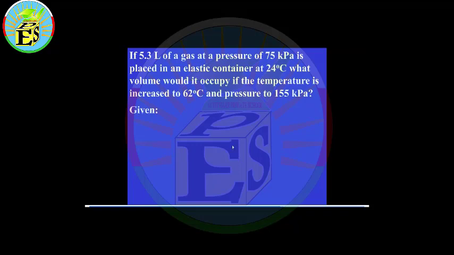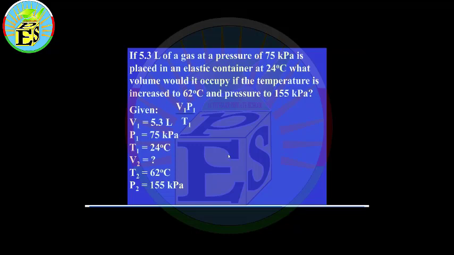Given parameters V1, P1, T1, V2, T2 and P2. We see that T1 equals 24 Celsius and T2 equals 62 Celsius, so I can't cancel them. T1 doesn't equal T2, and also P1 doesn't equal P2, so I can't cancel any parameter.